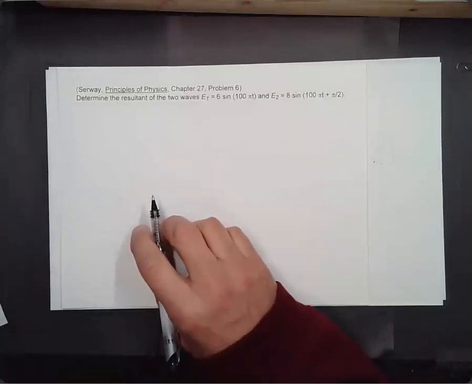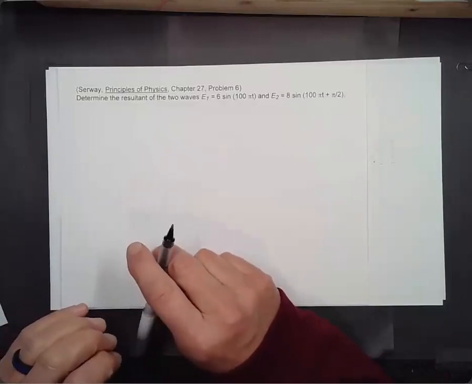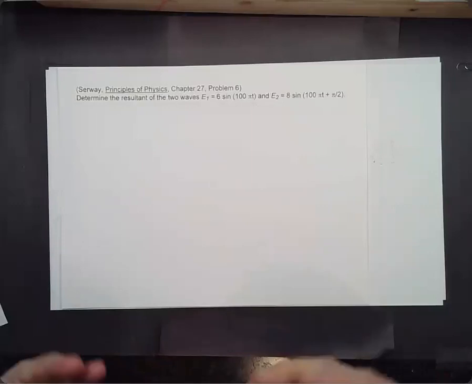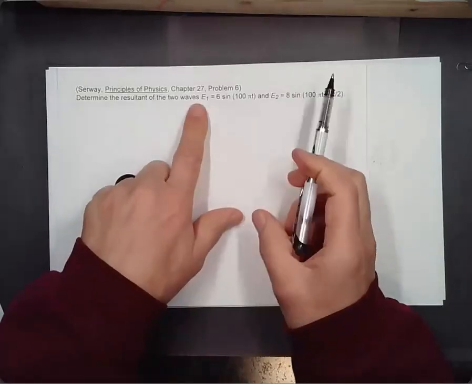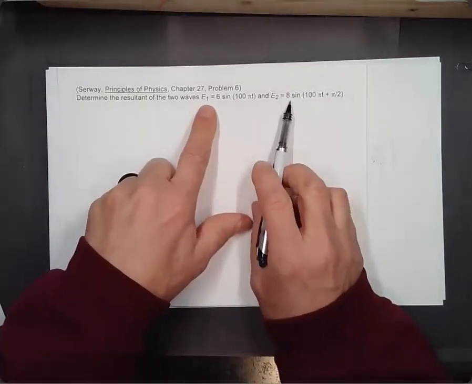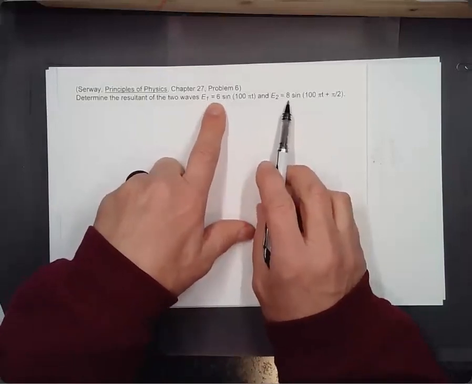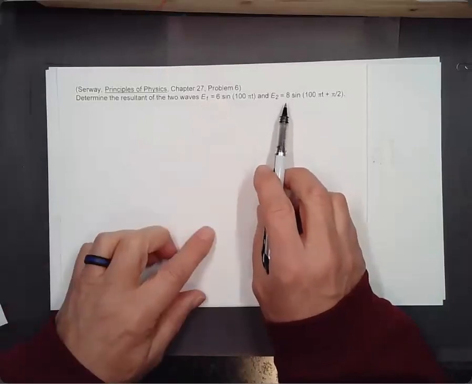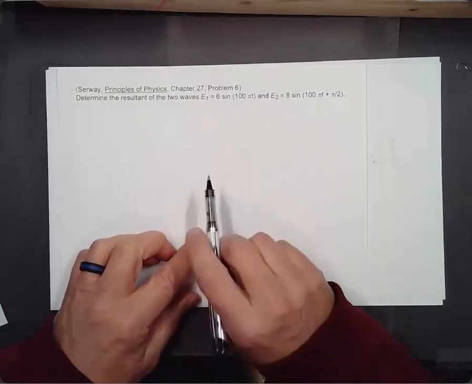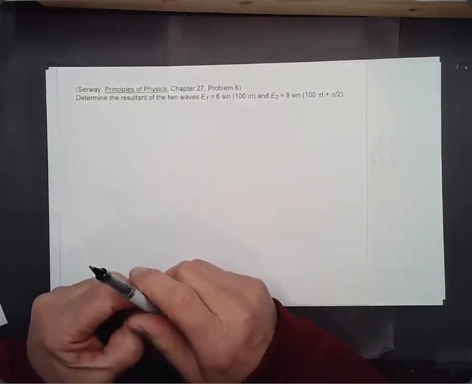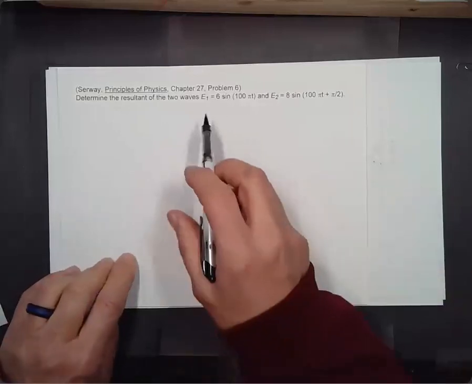And remember, I mentioned that the intensity of an electromagnetic wave is proportional to the square of the electric field. So by adding these two things together, I'll find out the total electric field at some point in space. We don't have units on here. Electric fields have units of newtons per coulomb, or volts per meter is another way of expressing it.